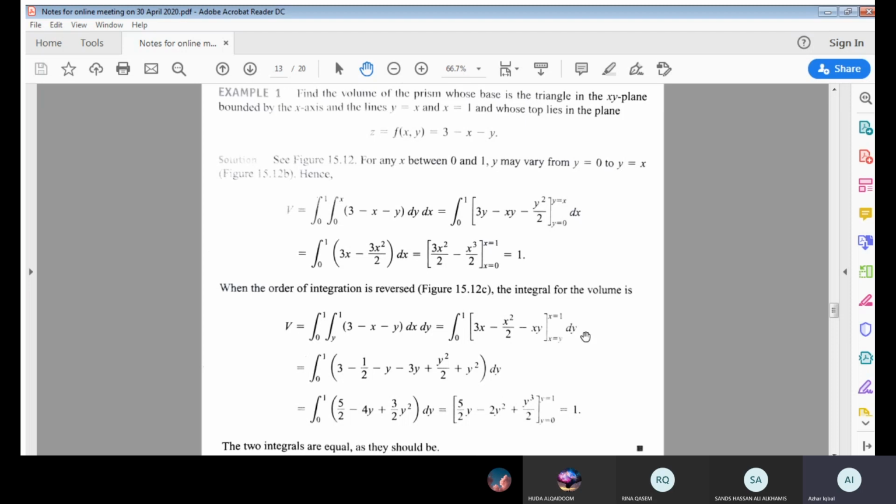Then applying the limits x equals y and x equals 1, you integrate with respect to y from 0 to 1, and this generates the same outcome as before. This generates the volume, but how you calculate this volume is different.